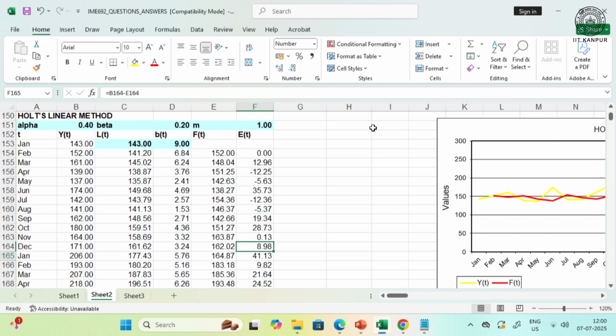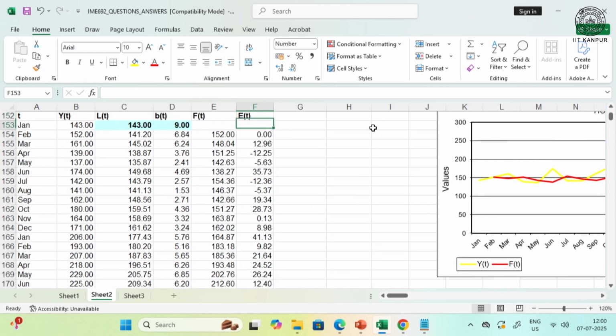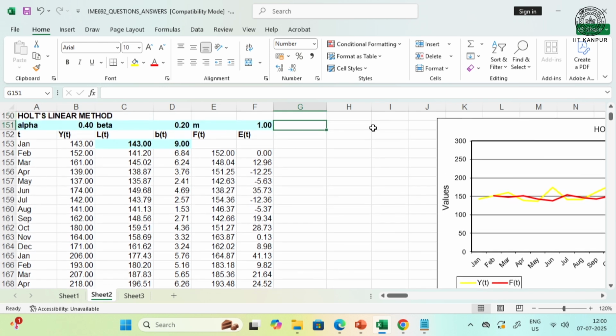So, I will use the minimum absolute error and the sum of squared error.